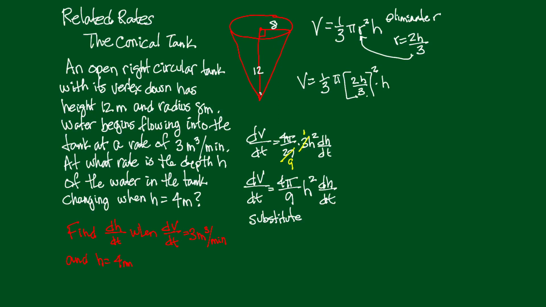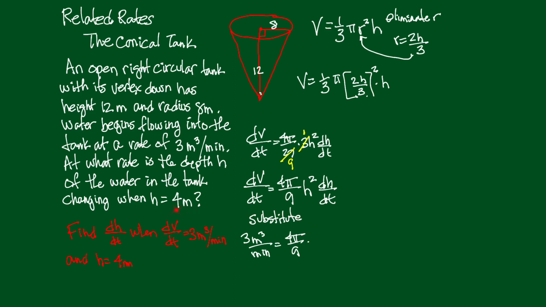Okay, let's substitute. dV/dt, that's known, right? dV/dt is 3 cubic meters per minute. Now I am going to use the unit, so I'm going to get 3 cubic meters per minute. This is equal to 4 pi over 9 times h. Now what is h? Let's come back over here.